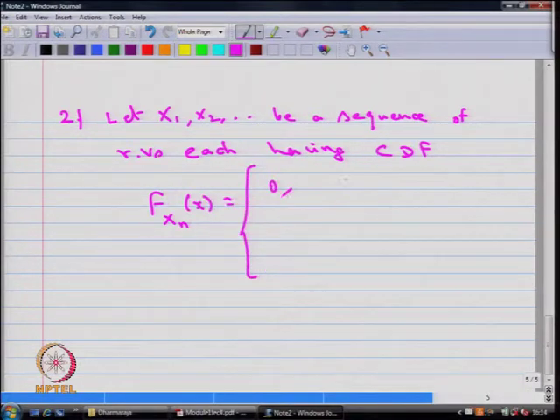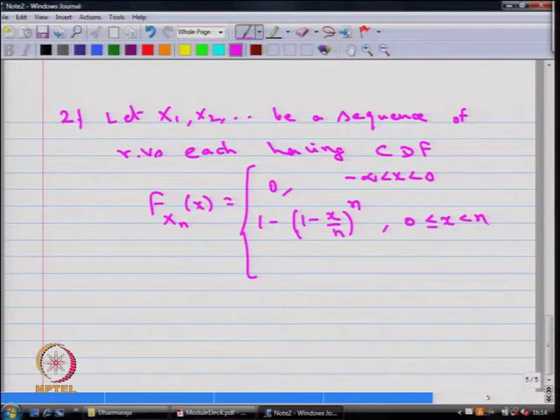It is 0 from minus infinity to 0, and it takes a value 1 minus x by n power n for x lies between 0 to n.